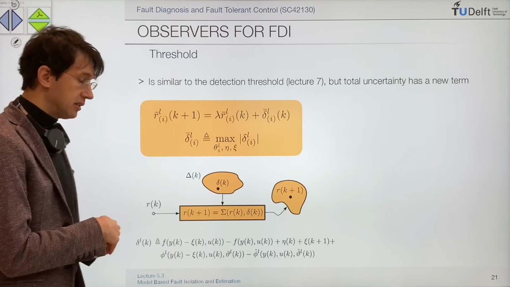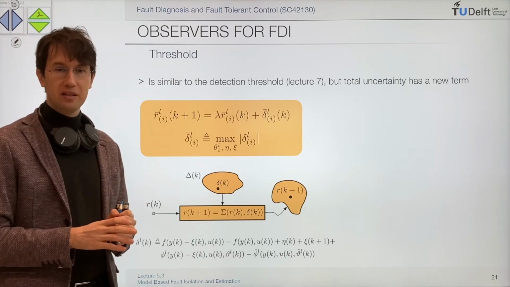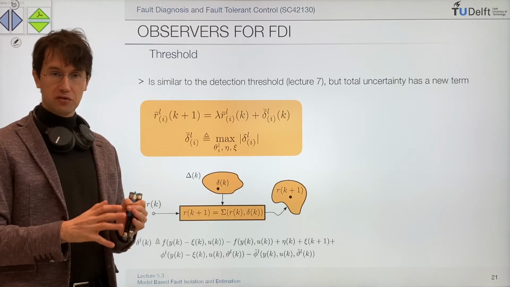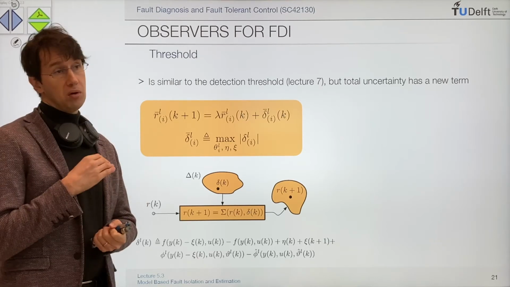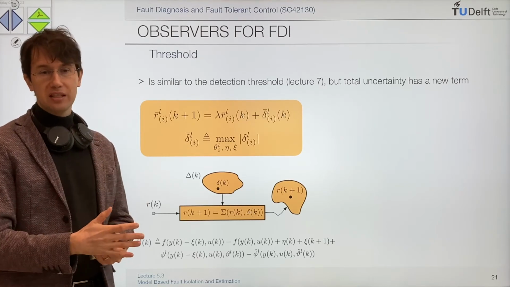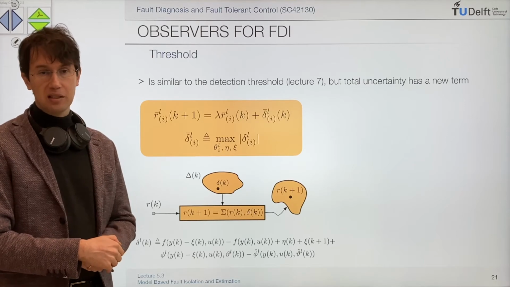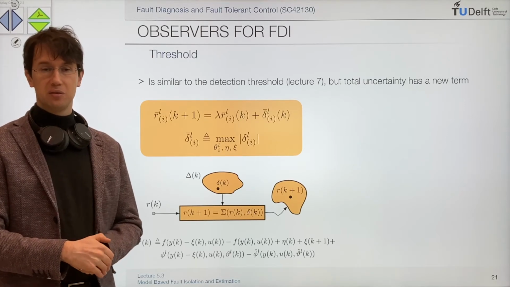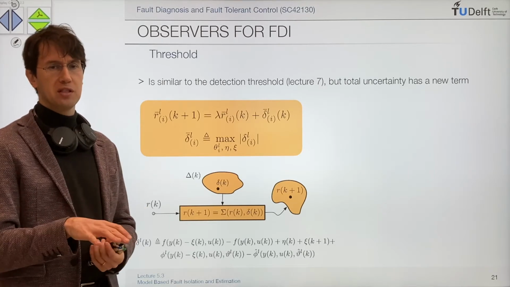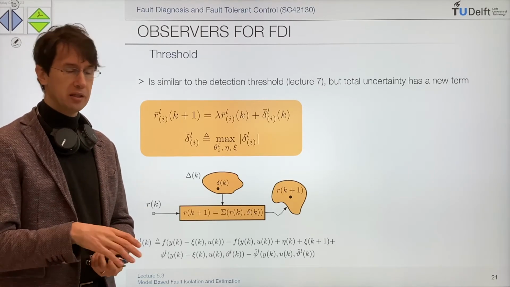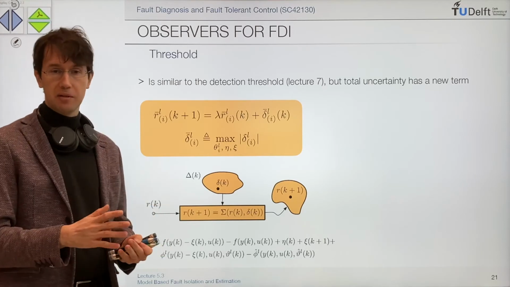And why do we need to do that? Well, the reason is this observer is used both for fault hypothesis testing and for estimation. So when we eventually estimate the correct parameter, so when theta hat is equal to theta, and we will discuss later that actually we have no proof this is going to happen. We just hope this is happening. But let us assume it happens.